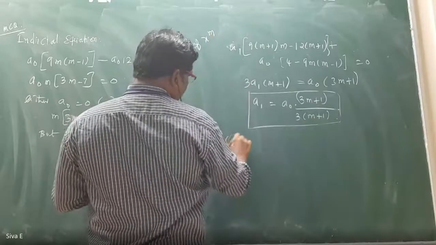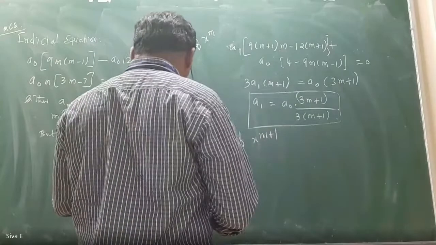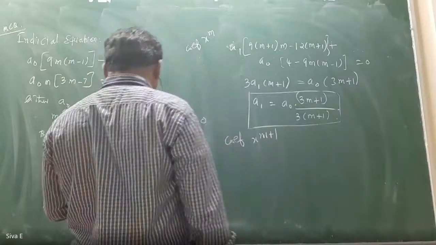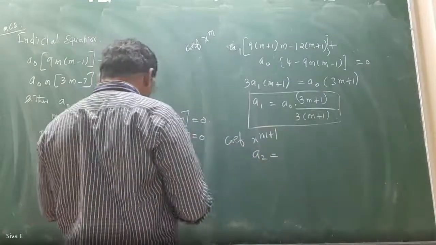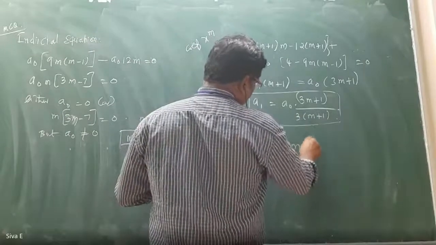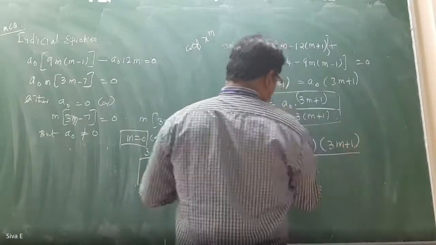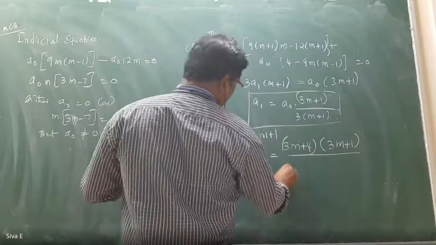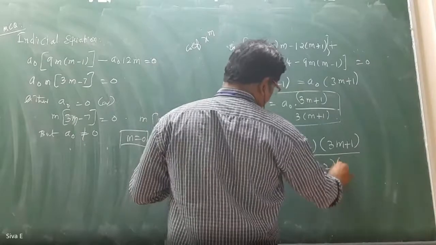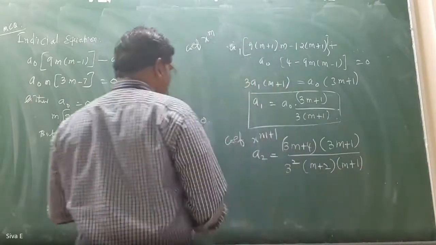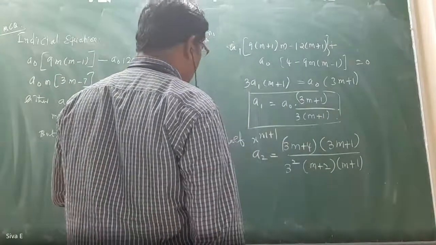If you are taking the coefficient of x power m plus 1, we will get that a2 equal to, directly I am writing, you can do that afterwards, (3m plus 4)(3m plus 1) divided by 3 square (m plus 2)(m plus 1) into a naught.